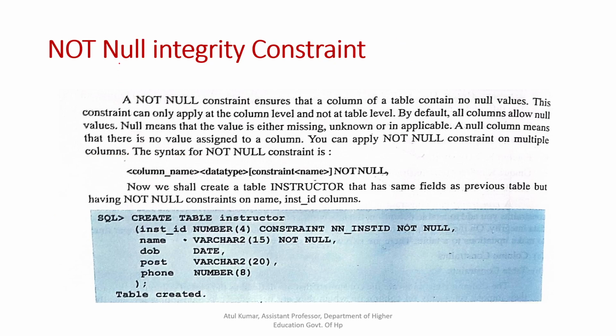The first constraint we have is the not null constraint, and this means that the column on which this not null constraint is applied doesn't contain any null value. Null value means either the value is missing, unknown, or not applicable. So if we apply this not null constraint on any column, that means that column does not contain any null values.